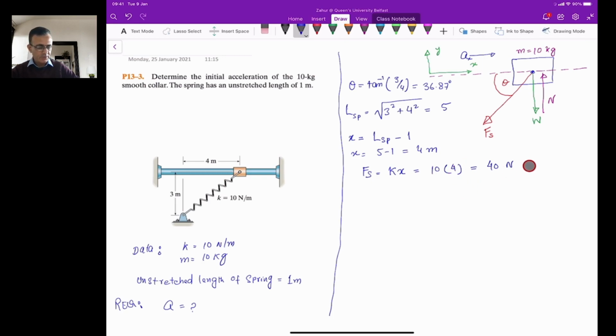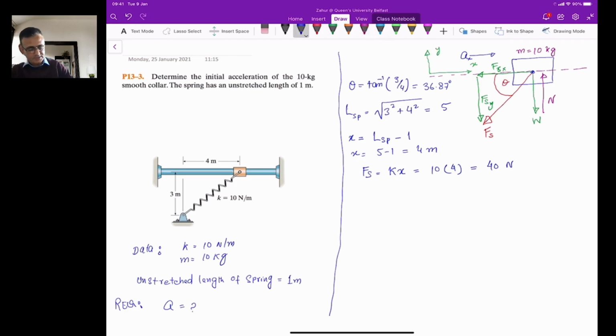Now we know the spring force, and we can split the spring force into two components in x and y direction. This is Fsy and this is Fsx. This is the x component of the spring force, and this is the y component of the spring force, because this is our coordinate system here.